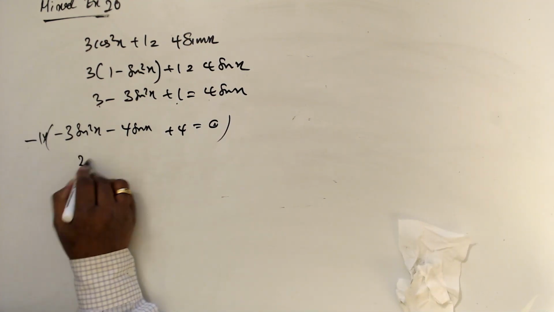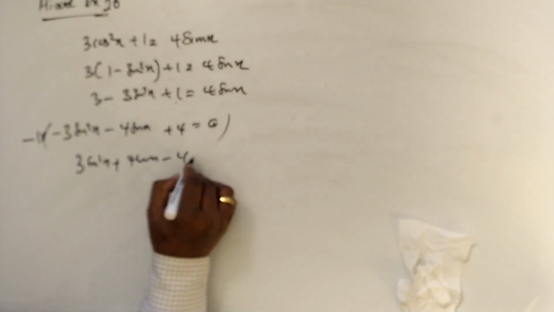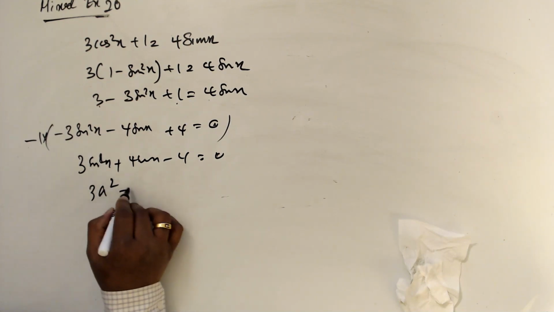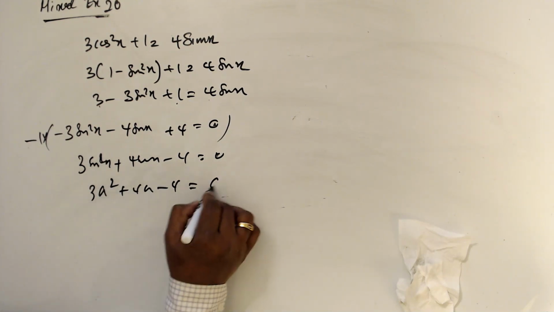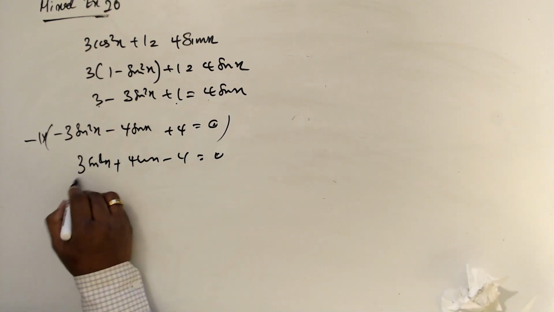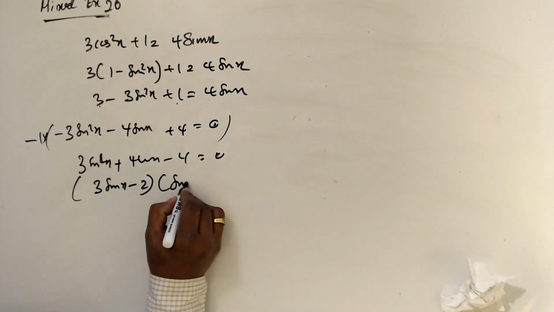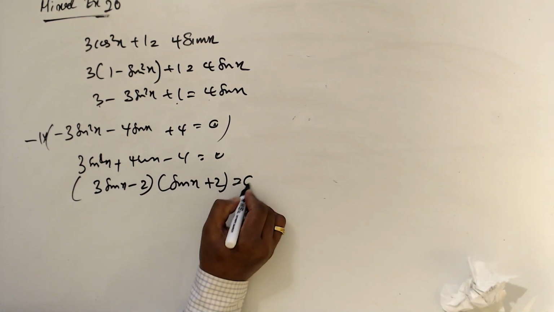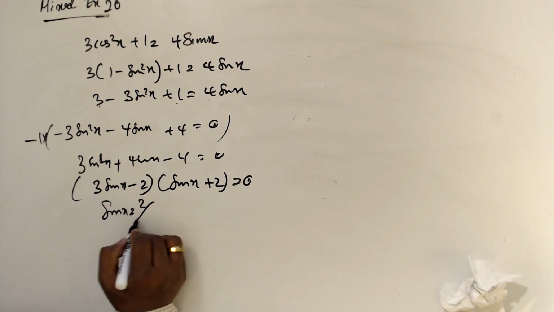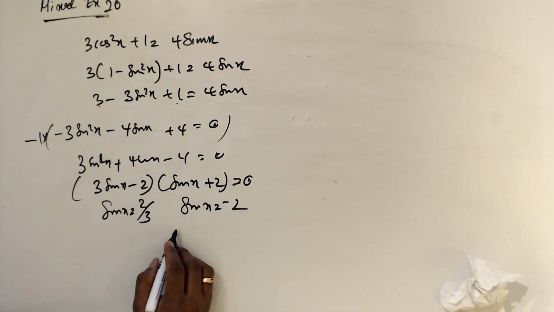Then this becomes 3 sine squared x plus 4 sine x minus 4 equals 0. This looks like 3a squared plus 4a minus 4 equals 0. So we can factorize this one. 3 sine x minus 2, sine x plus 2 equals 0. Sine x equals 2 over 3 and sine x equals minus 2.